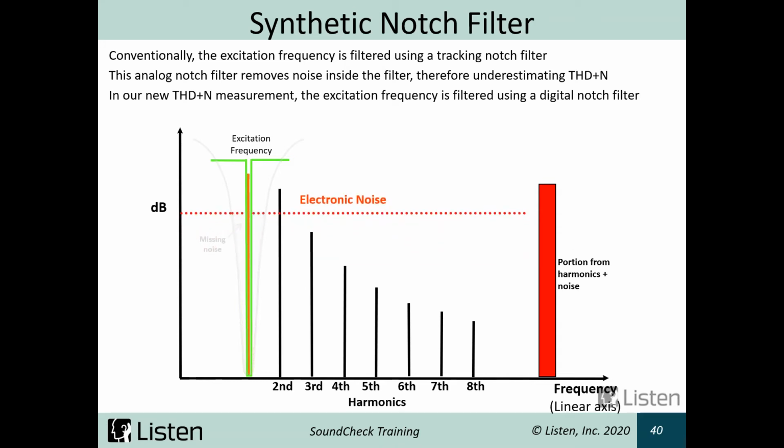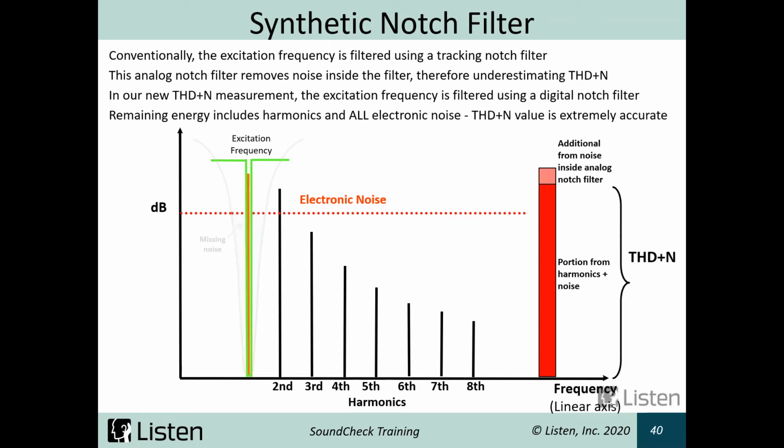When we calculate the noise, we're going to include that little bit that used to be taken out from the old style filters. So THD+N with a synthetic notch filter is very accurate.